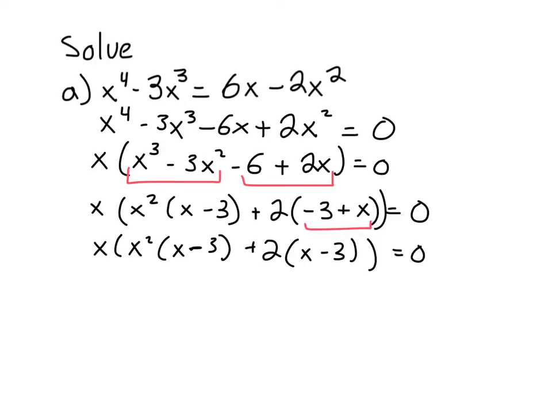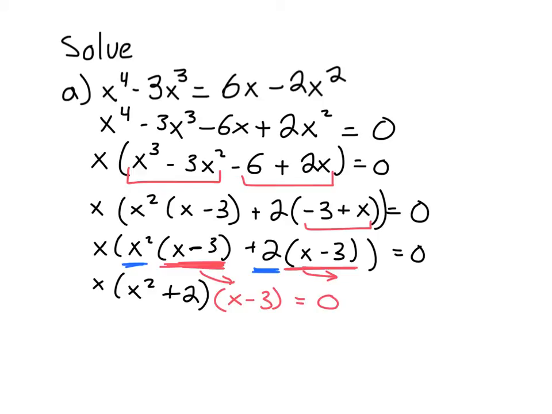Okay, so now this term and this term are the same, so I can factor that out as well. So I'll be left with x squared plus 2, that's coming from this x squared plus 2, and then this red term is getting pulled out. Okay, so it's x minus 3 that is getting pulled out.